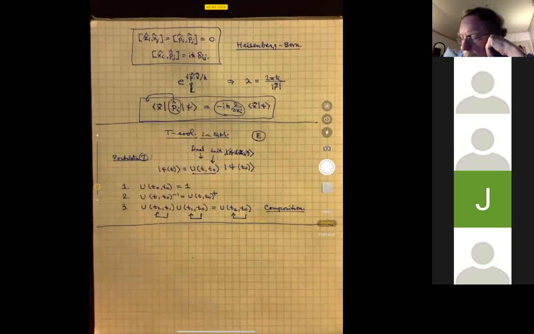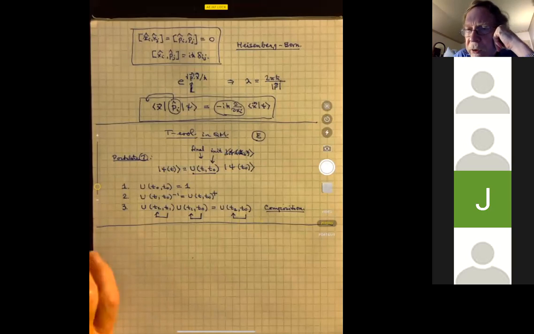Now then, as we did with translations, which amount to advancing states of a system in position, moving their position variables, these operators U advance things in time. So there's a kind of space-time trade-off here.